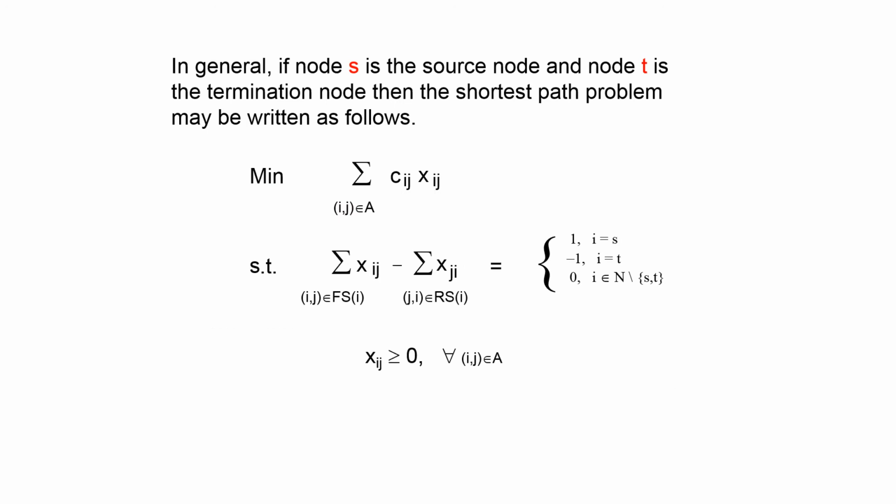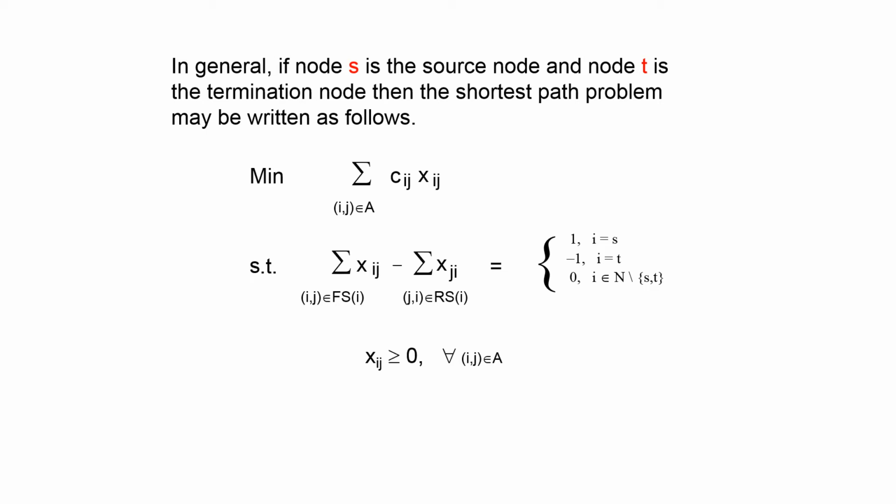Here's the LP formulation. Obviously, all of these problems, the shortest route problem or the MST, are linear programs that can be formulated as an LP and solved using the simplex method. But because of their special structure, we learn simpler approaches or algorithms to solve these problems.